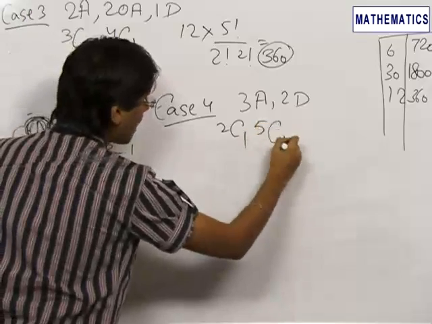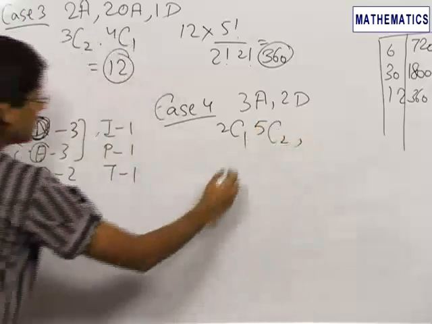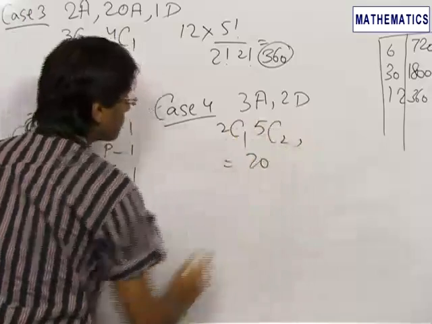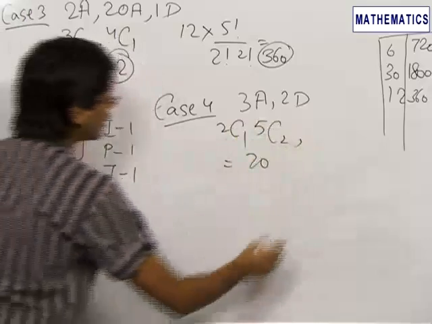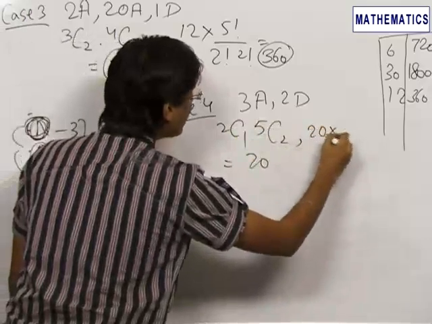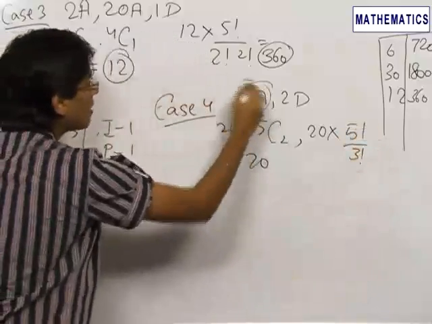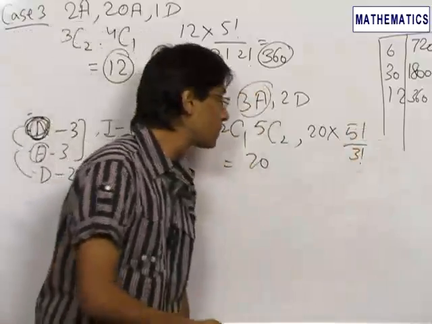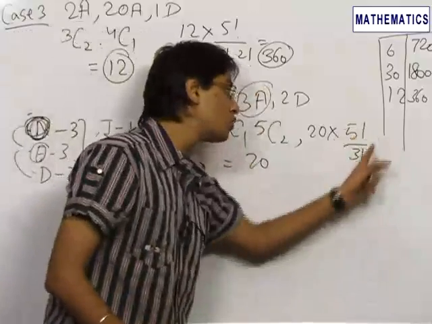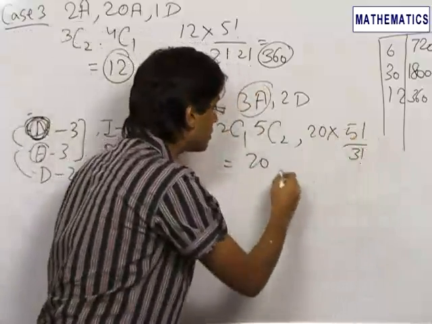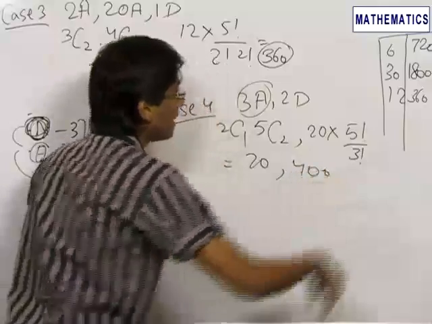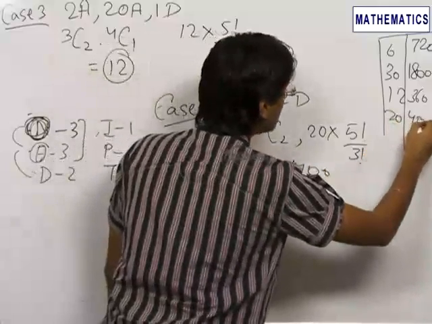So this is 5C2. This is 10 into 2, 20. And the total number of ways of making words is 20 into 5 factorial upon 3 factorial, since there are 3 alphabets same. This 5 factorial is 120 divided by 6 is 20. 20 into 20 is 400. Hence the next set is 20 and 400.